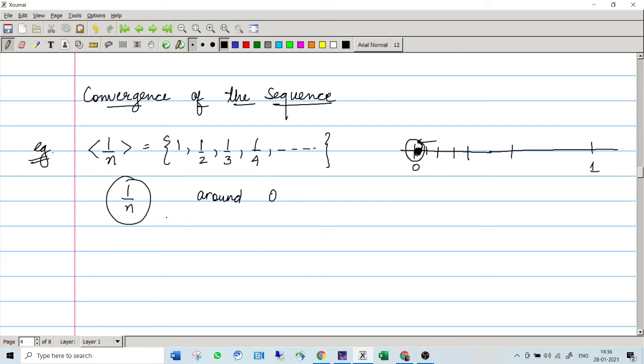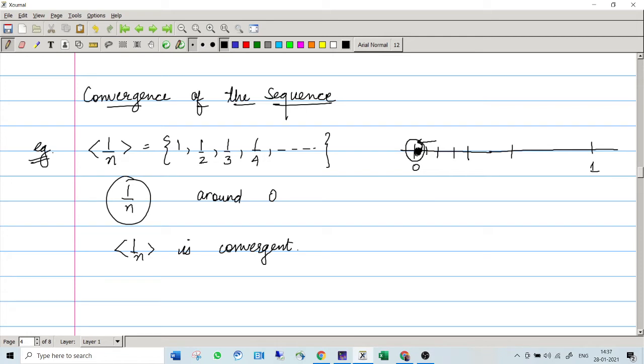So such a sequence can be seen to be a convergent sequence. So the sequence 1 by n is convergent. We'll do the formal definition of how we really define a sequence to be convergent or not. But as of now, you can see that a sequence is convergent if after a point of time, a cluster is being formed around some point, right?